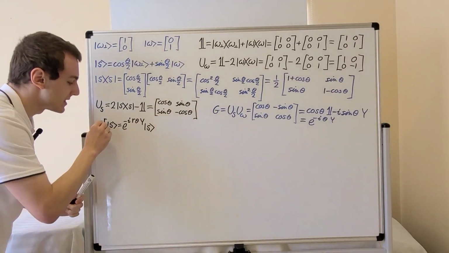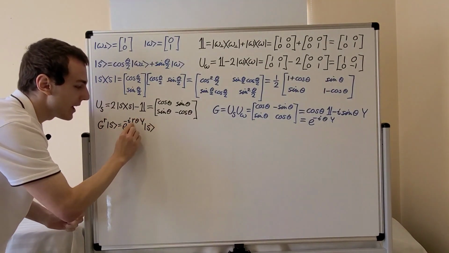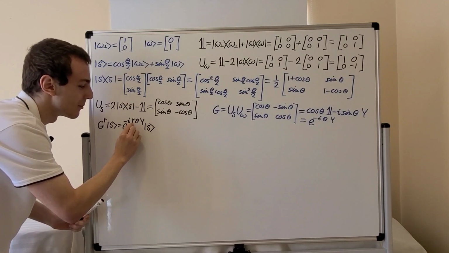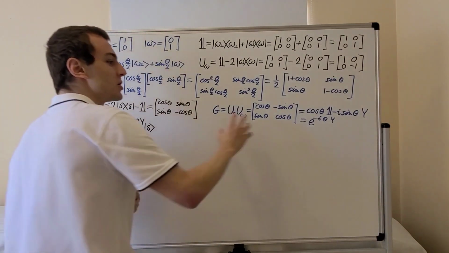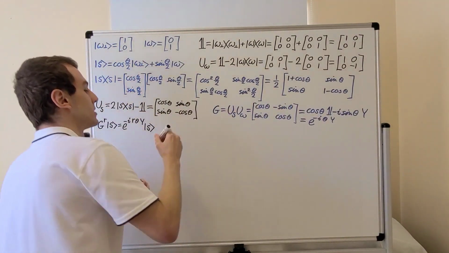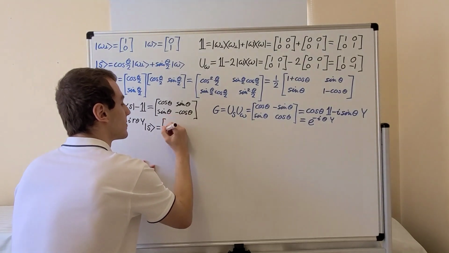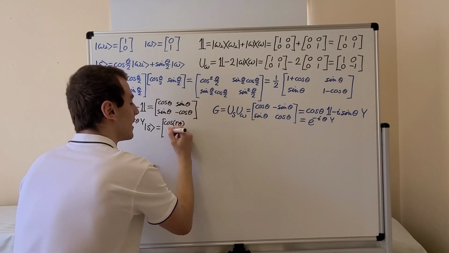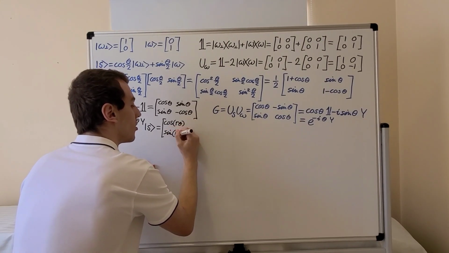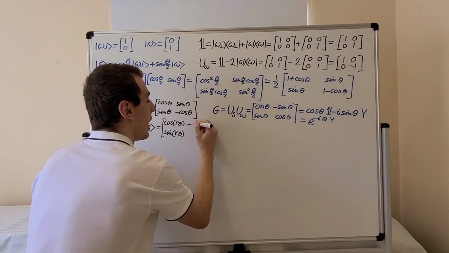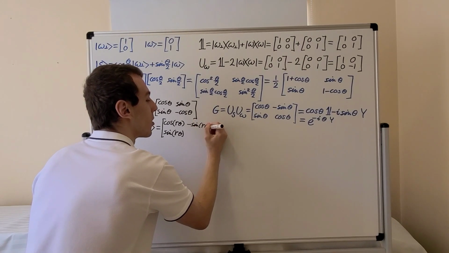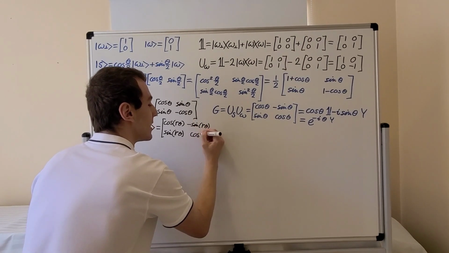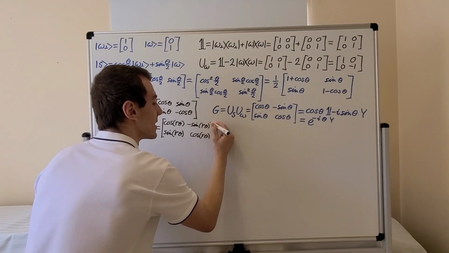Well, taking this power of r is the same as just scaling this theta by r. So we can also put that back into this matrix representation, and that's going to give us cosine of r theta, sine of r theta, minus sine of r theta, and then cosine of r theta.